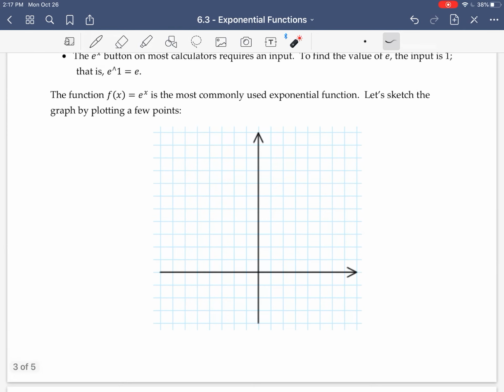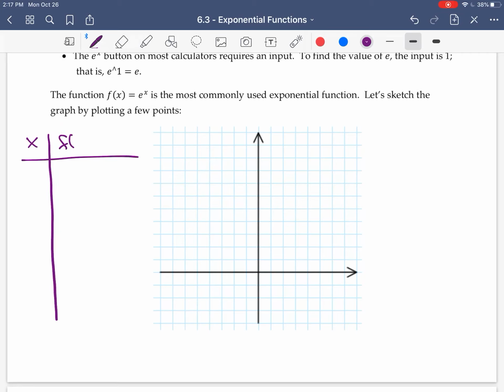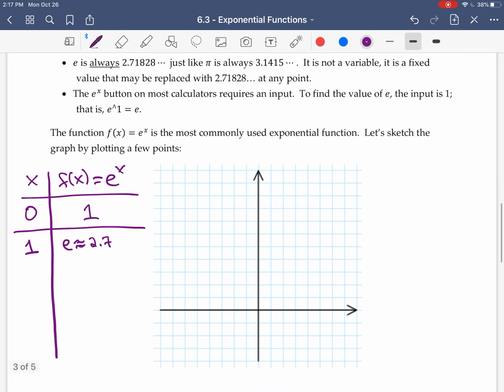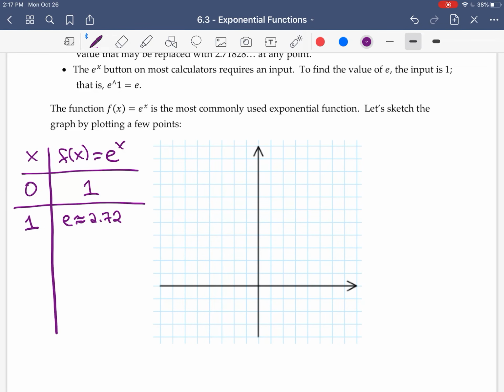Okay, so what does this graph look like? So again, I'll do a table of values. Okay, so this is f of x equals e to the x. So when x is 0, it's 1. Okay, anything to the power 0 is 1. When x is 1, you get e, which is approximately 2.72, I guess.